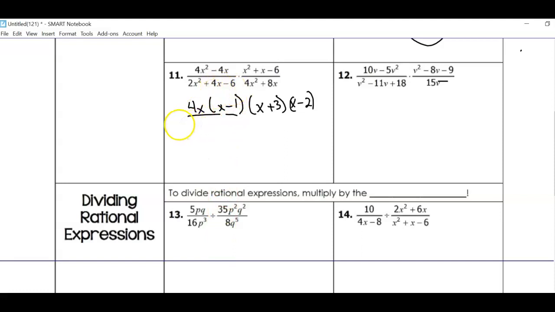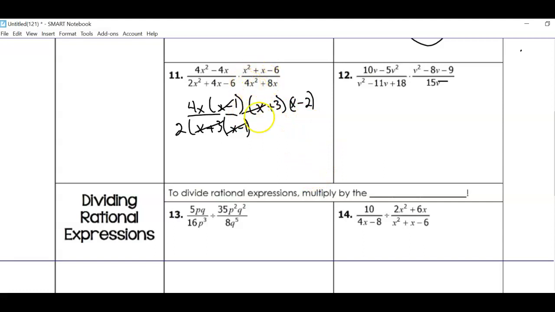So in the denominator I'm factoring out a 2. That will leave me x squared plus 2x minus 3. So I'm going to have an x plus 3, x minus 1. I can see that these cancel out. Just take care of that right now. I have an x plus 3. We can cross cancel. Like that.